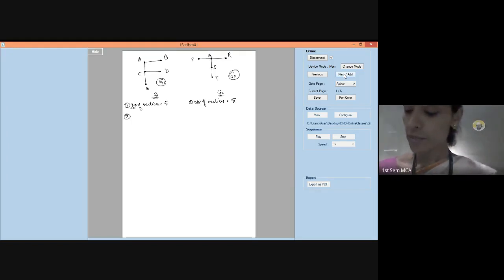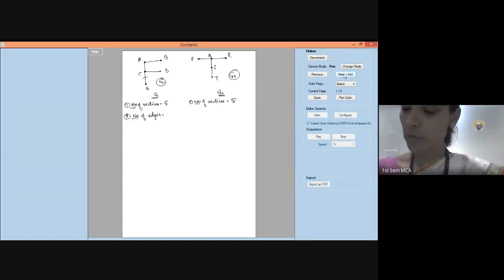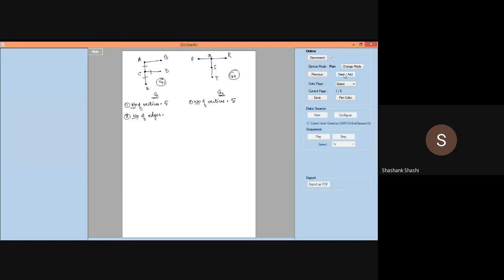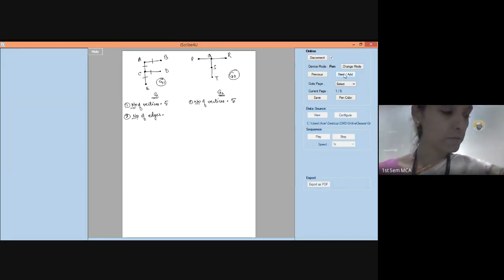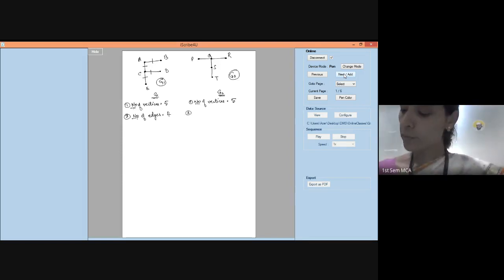Alright. Second, number of edges. How many edges we have? Go on counting properly. This is 1, 2, 3, 4. 4. Okay. Come to G2.